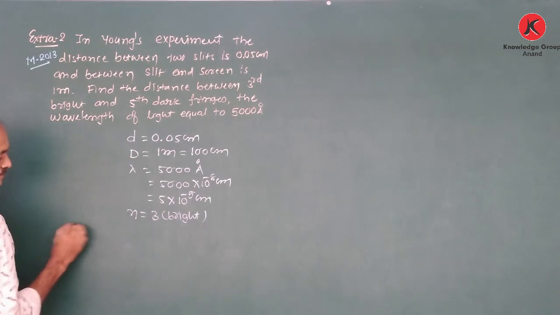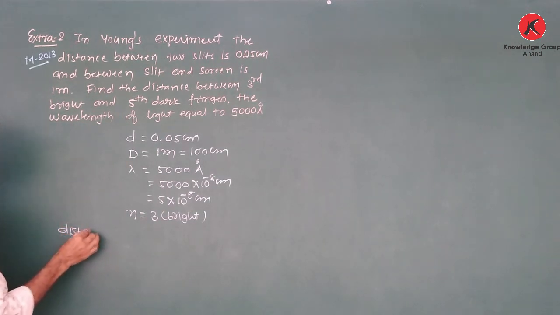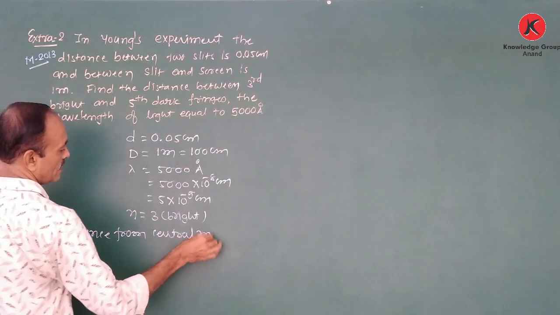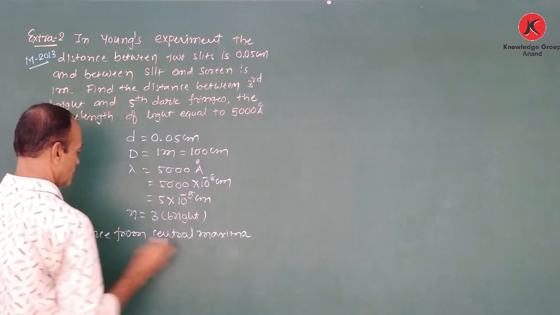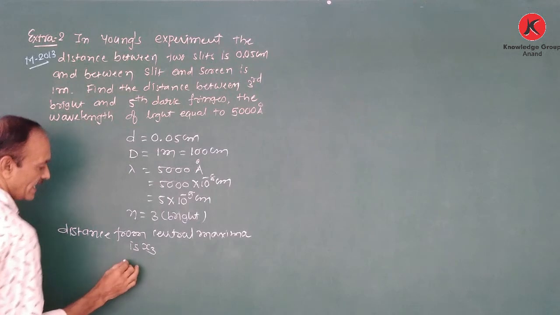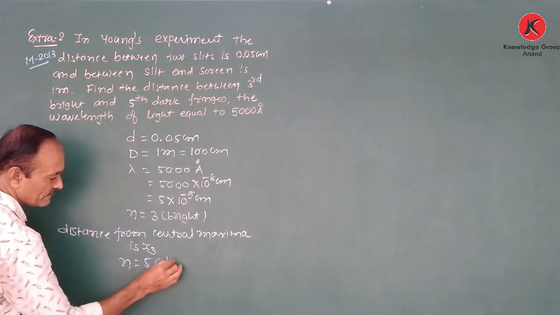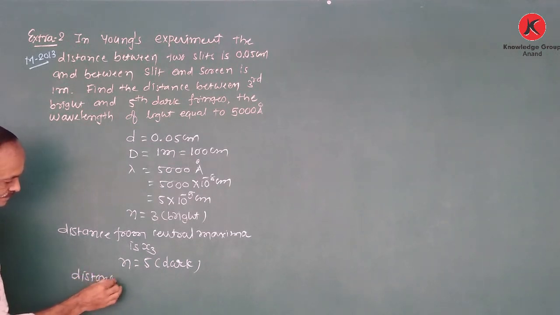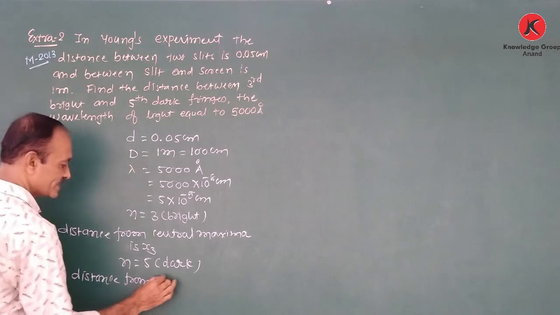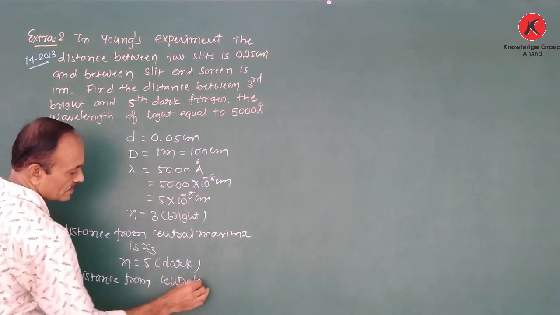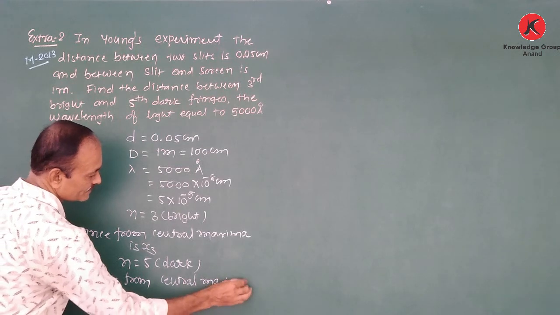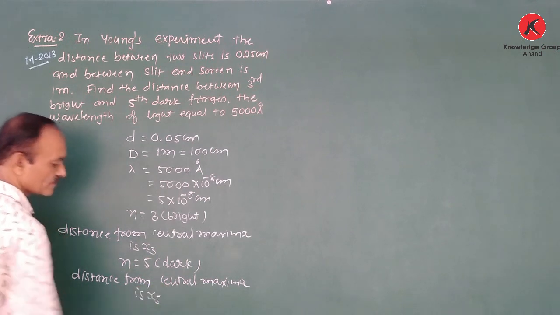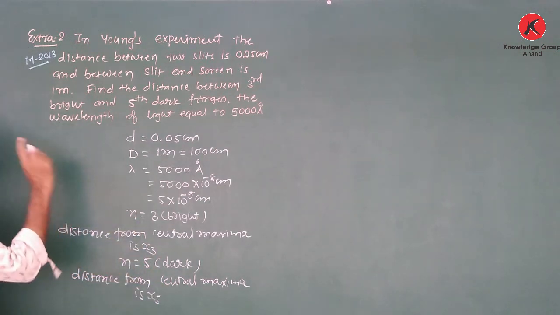And n is equal to the fifth dark fringe, and the distance from the central maximum is x5. We have to find x5 minus x3.